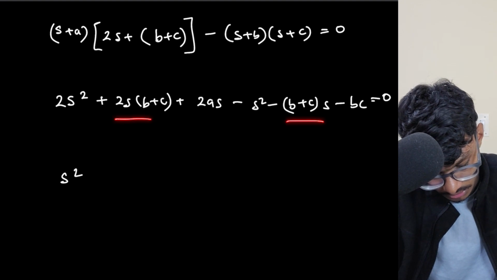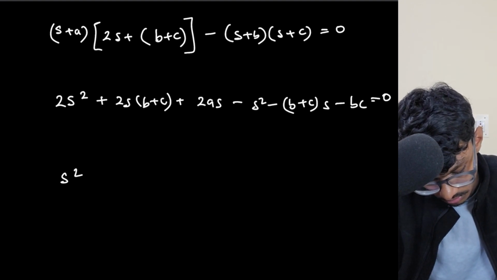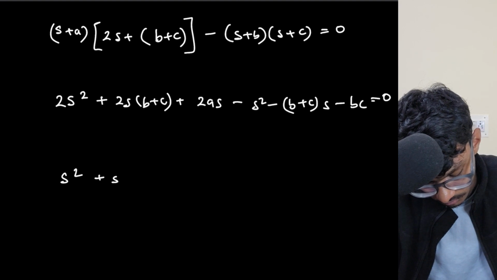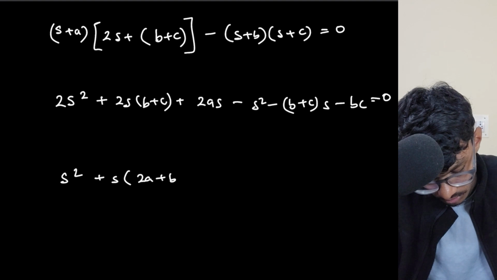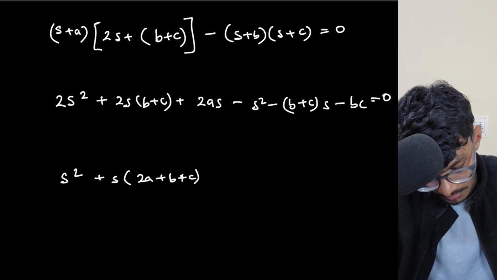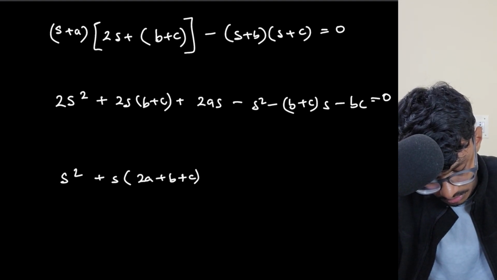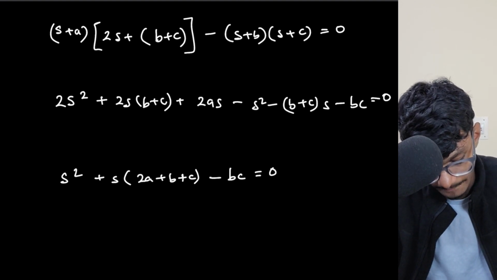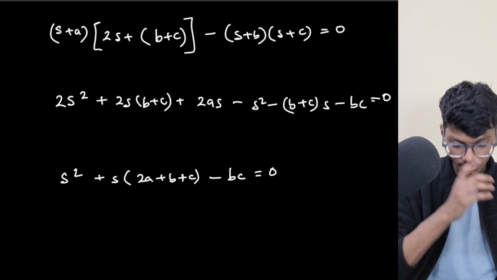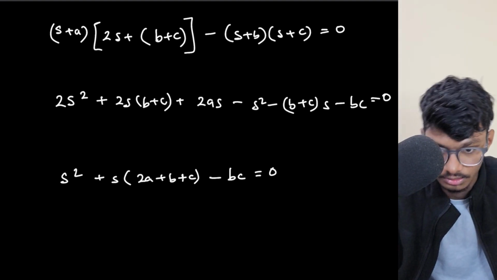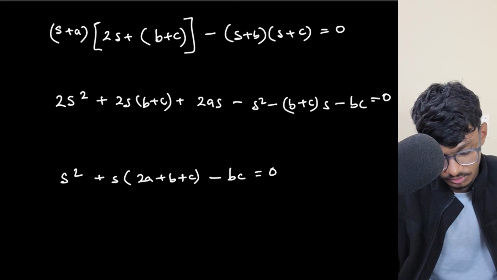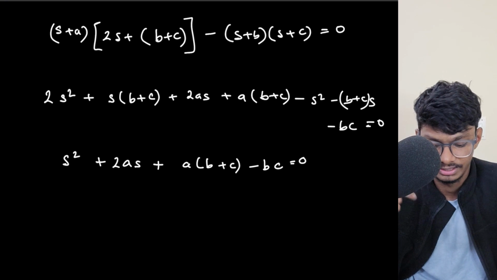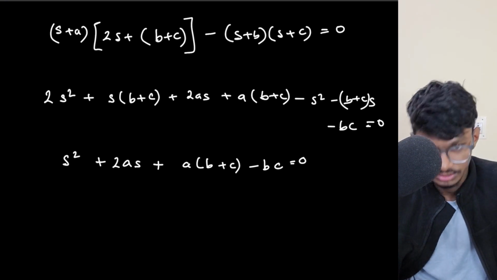So one of these also gets cancelled out, so we have only s into (2a + b + c), and we have minus bc. Okay, this we have. Sorry for the interruption, I think I made a calculation mistake, that's why I had to redo this one.